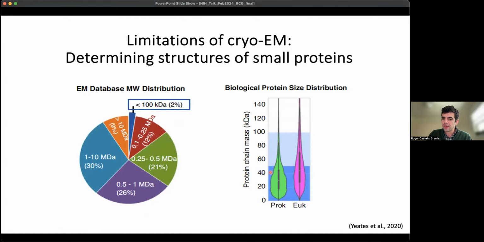But if we look at the distribution of the sizes of proteins in prokaryotes and eukaryotes, we can see that lots of them are within this range that is difficult to access or inaccessible to cryo-EM. It's true that some of them are forming larger complexes, but some of them, as I say, we cannot study them.